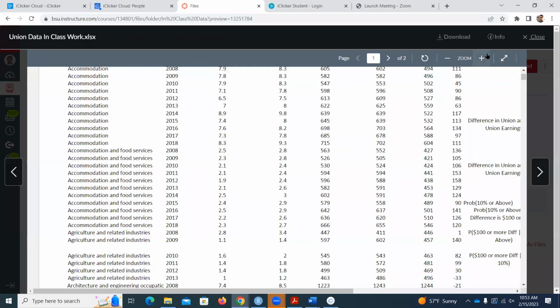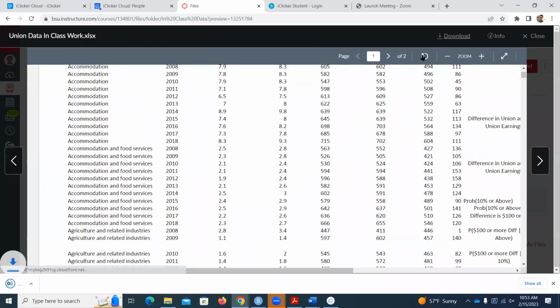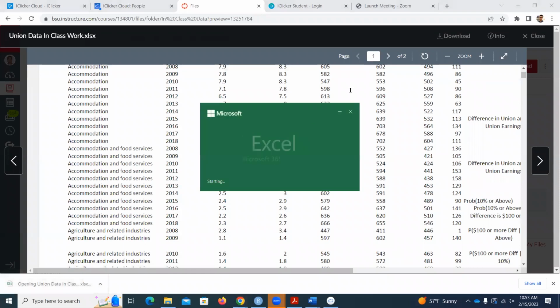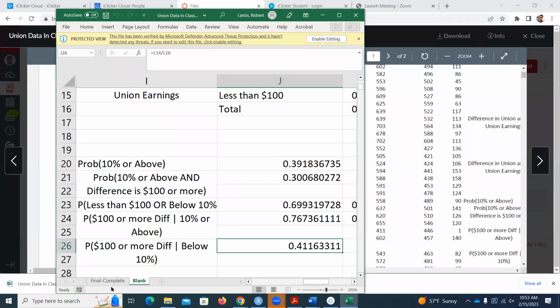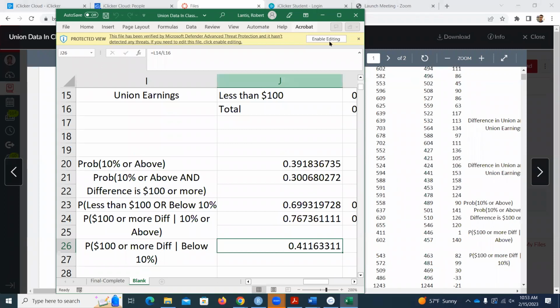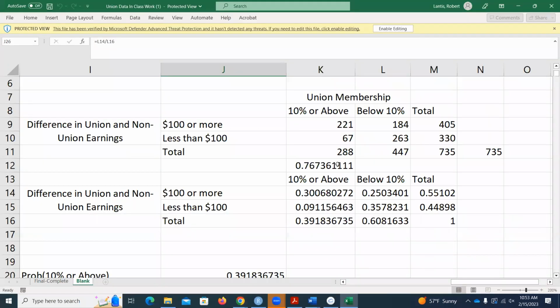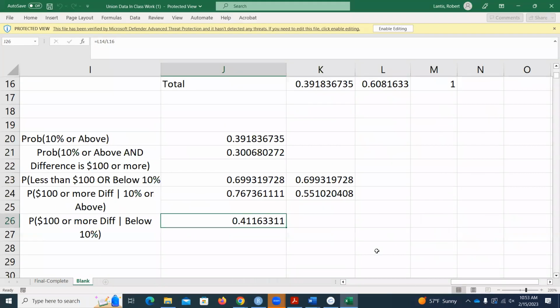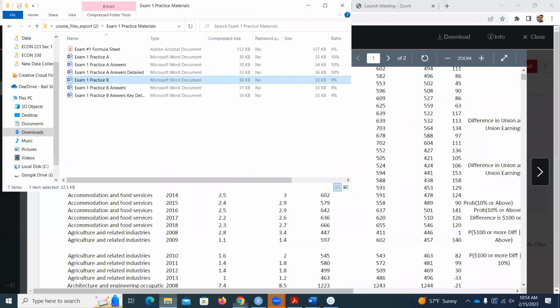Let me download this and look at it real quick. I know it's in an old Excel. Maybe I didn't. I remember doing it in class.